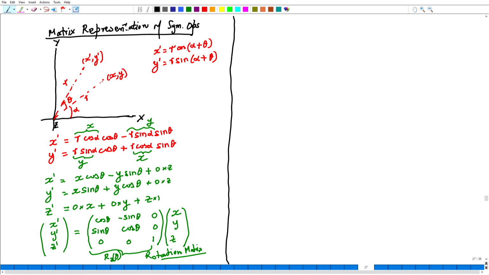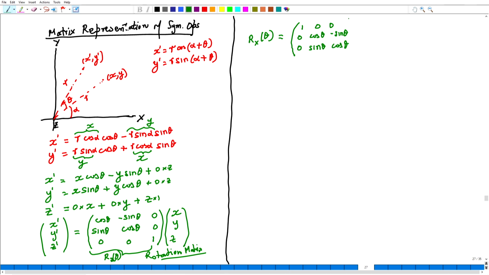Similarly, one can write the rotation matrix R x theta, that means now the rotation axis is the x axis and we are rotating in the yz plane. You should be able to do it yourself: 1, 0, 0, 0, cos theta, minus sin theta, then 0, sin theta, cos theta.